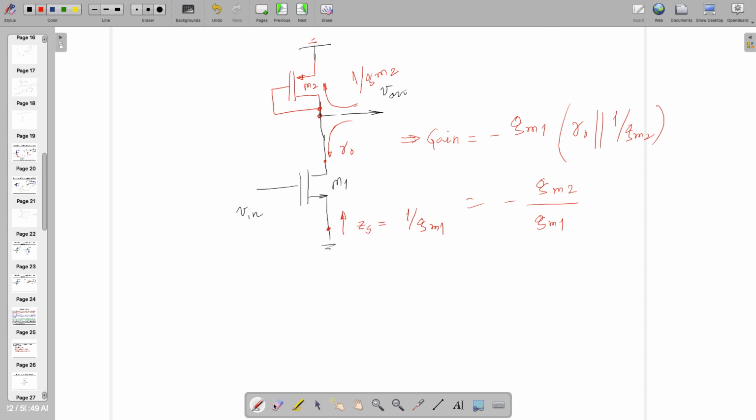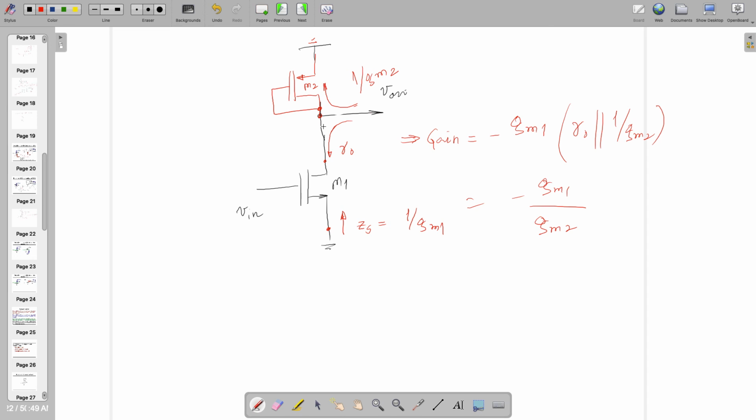No, this one was correct, right? So it's a ratio of two things, minus gm1 divided by gm2, right? So look, both the ratios are very small. This is also in ohms and this is also in ohms. So if you are making such kind of circuit, your gain will be very poor, right?